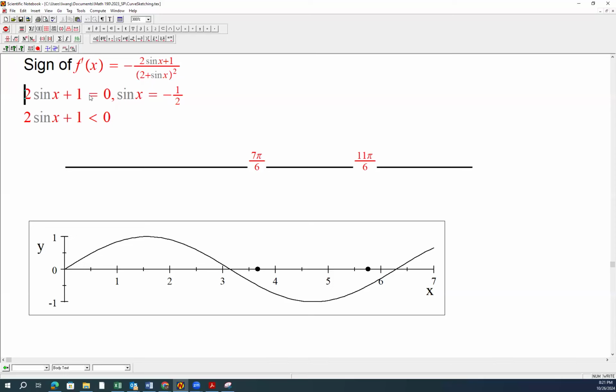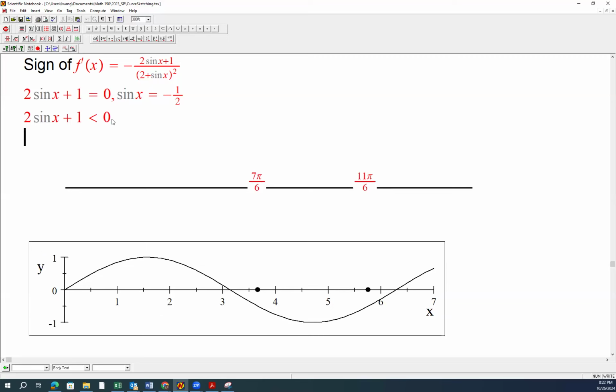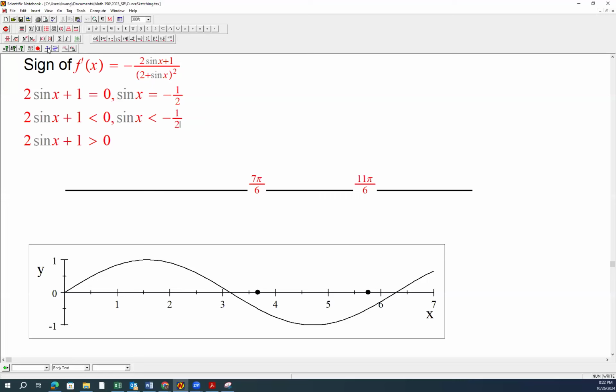So that's case 1 equal to 0, case 2 less than 0, and case 3 will be greater than 0, of course. If it's the second case, less than 0, we're going to get sine x less than negative half. What does it mean, sine x less than negative half?